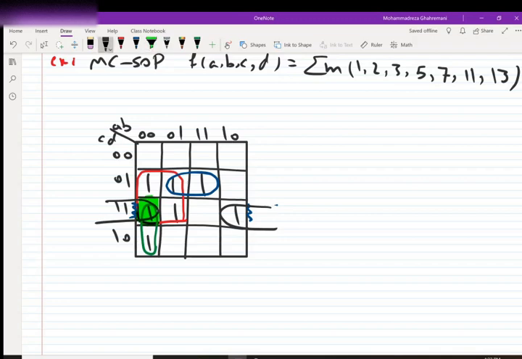Now write the function. Function is equal to, first the red one. A is constant, which is A bar. B is changing. C is changing. D is constant, which is D. The blue one: A is changing, B is constant, is B, C is constant, is C bar, D is constant, is D. For the green one: A is constant, is A bar, B is constant, is B bar, C is constant, C, and D is changing.